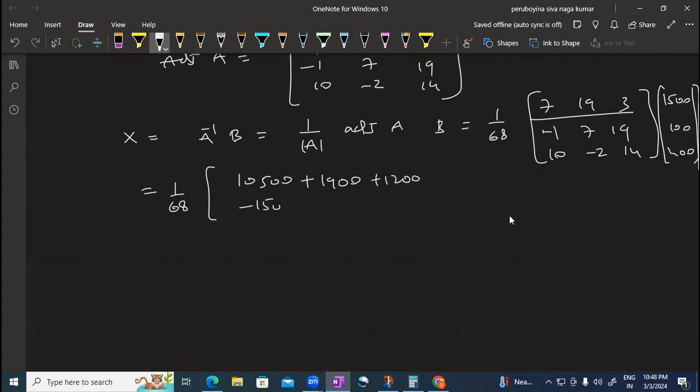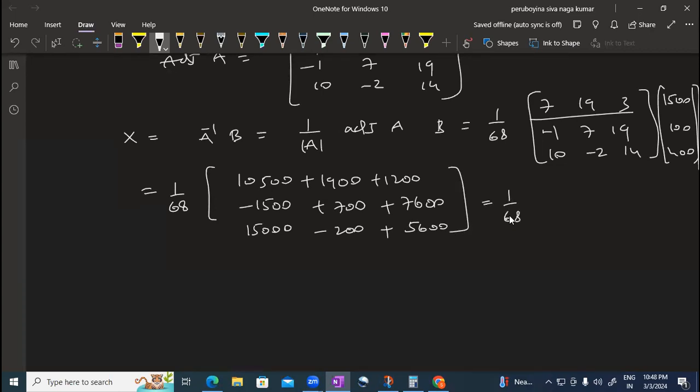And next thing is minus 1500 plus 700 plus 4 19s are 7600. Next, 10 into 1500, 15,000 minus 200 plus 14 fours are 5600.